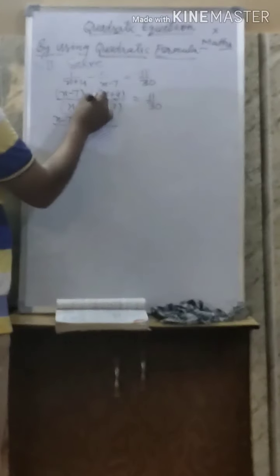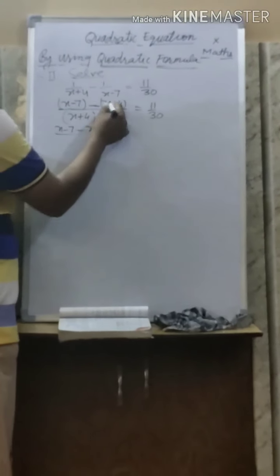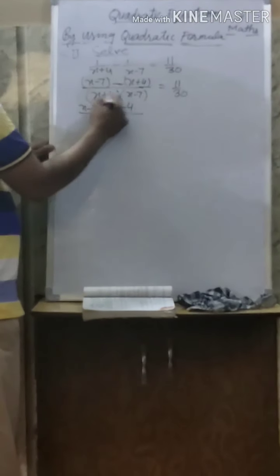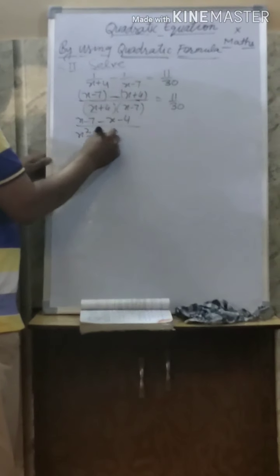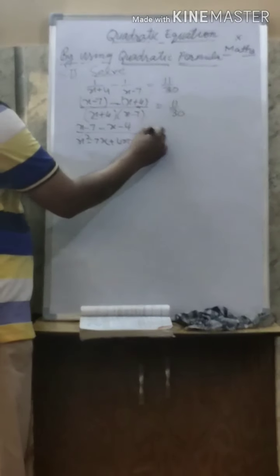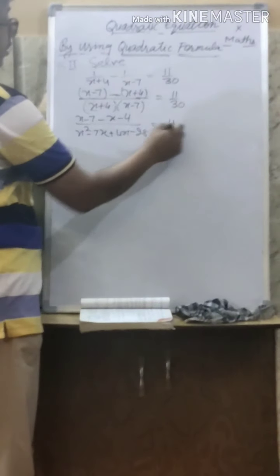So now x minus 7 in the numerator, with the minus sign outside, the sign will change. So minus x minus 4, and in the denominator it is the product, x into x minus 7, so x square minus 7x, plus 4x minus 28, equals 11 by 30.